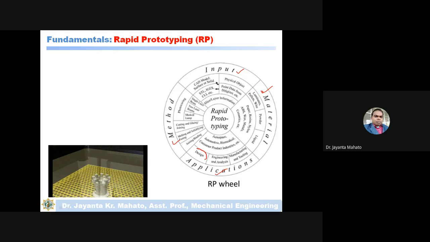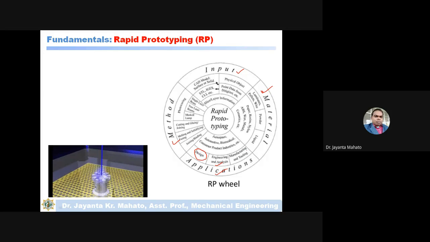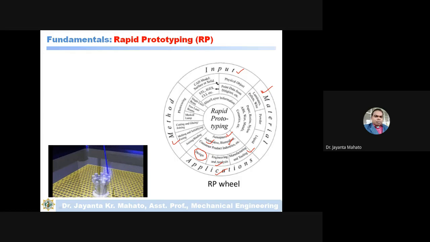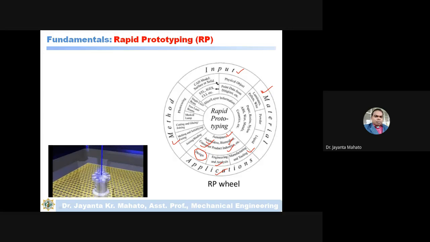It can be applied in design, engineering analysis, manufacturing, and tooling, in specific areas like aerospace, automobile, biomedicals, consumer products, industries, even electronic gadgets also.